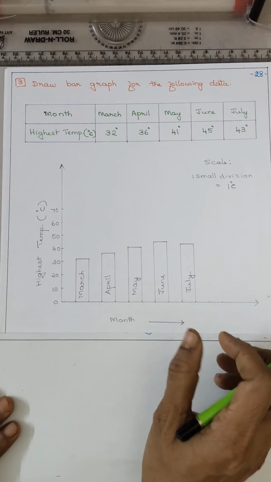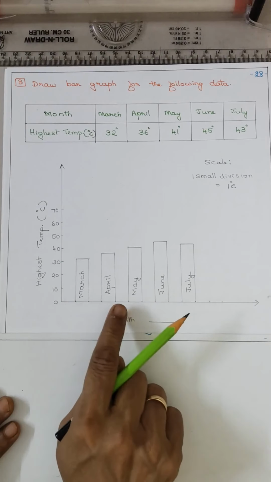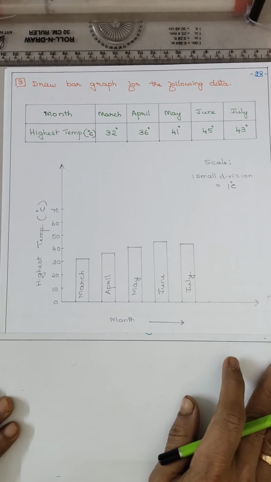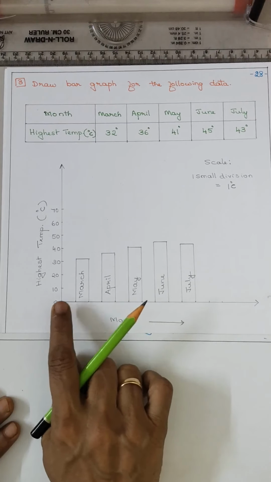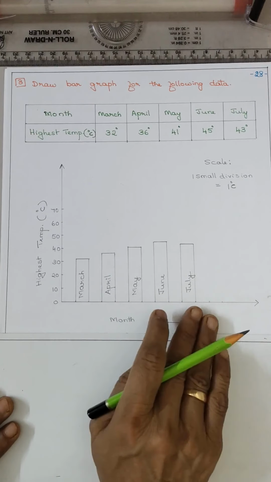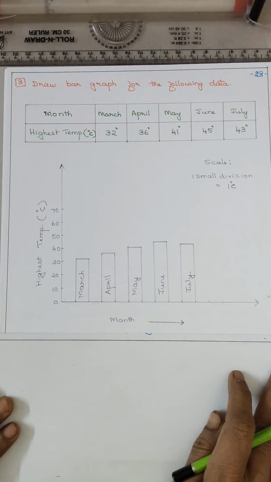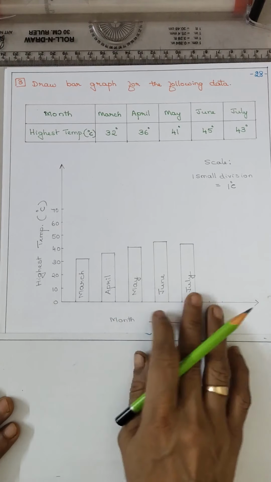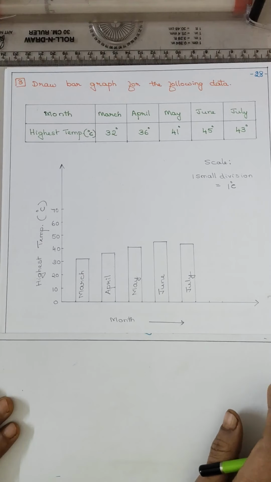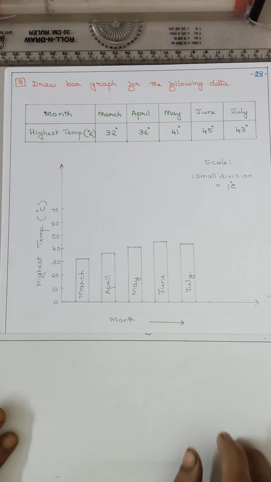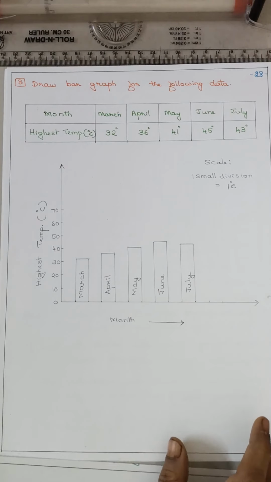But remember always the regular same distance बीच में रहने का है. एक में 1 सेंटीमीटर, दूसरे में 2 सेंटीमीटर, वैसा नहीं. Always it should be the equal gap. Okay, and each bar, that is the rectangular piece, it should be of 1 centimeter. Is it okay? So that was question number 3.